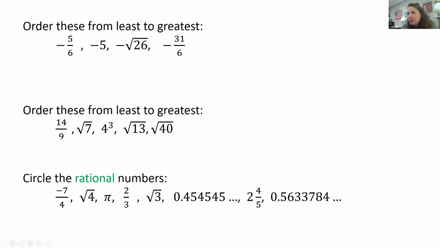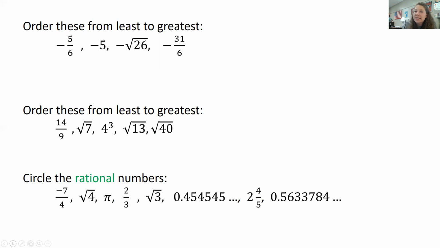All right, so when you order rational numbers, you want them all to look the same. So one choice, if you have fractions and decimals, is to make them all fractions, but all those fractions would have to have common denominators, which could take a lot of time.